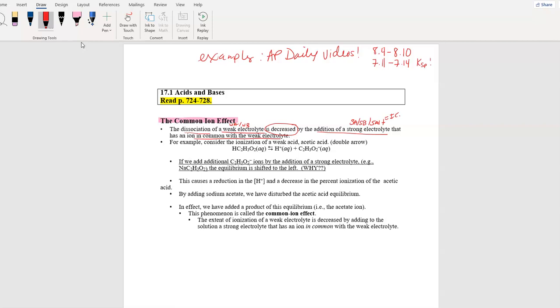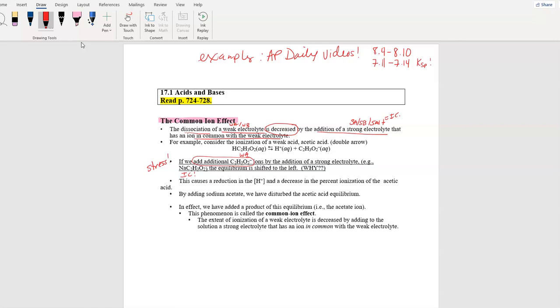Say for example, the ionization of a weak acid. So here's Mr. Weak Acid, and this is my equation. If I wanted to bring in an additional chemical, maybe acetate, by adding a strong electrolyte like Mr. Sodium acetate, aka an ionic compound, what will happen is you will get a shift. Remember, this is called applying a stress. Hopefully this is sounding familiar from the end of chapter 15.